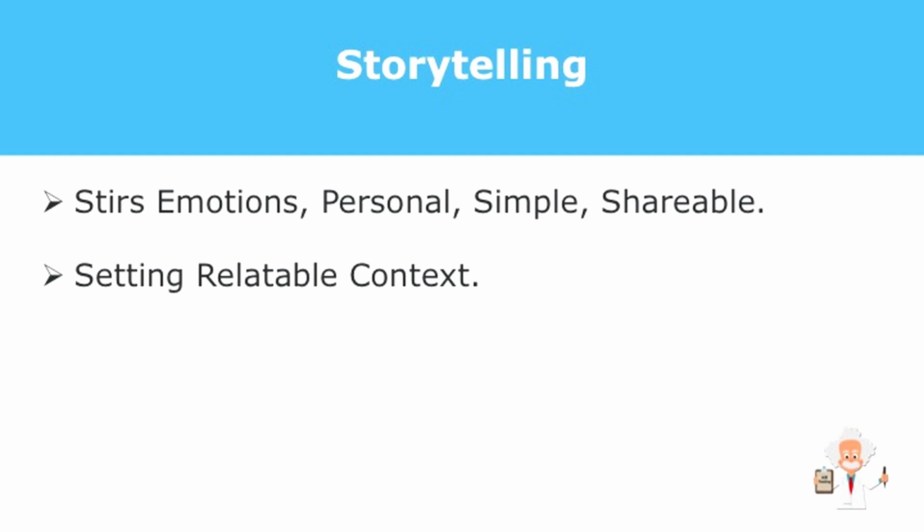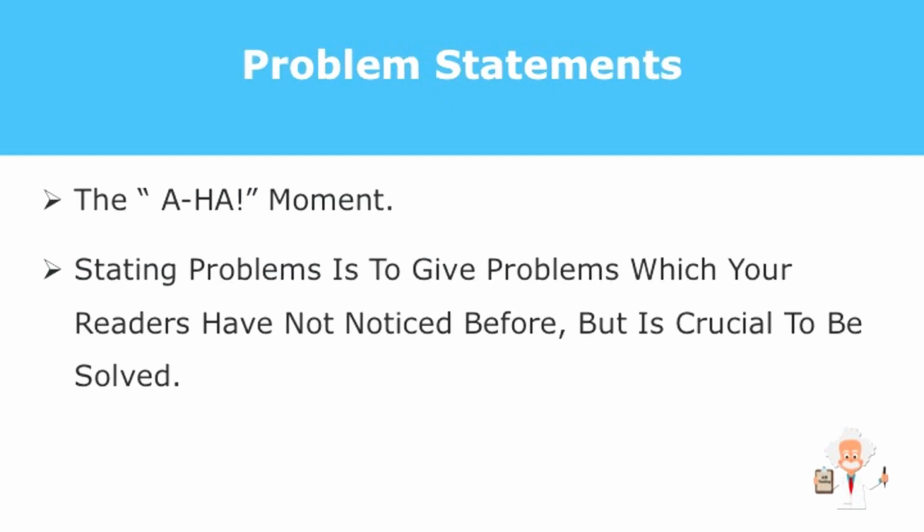It invokes a sense of relation to their lists, as it's a very relatable context for your product. Putting a story into your marketing emails can really help with the conversions. Companies like Jack Daniels, Uber, and American Express are using stories. So why aren't you? Problem statements. The main goal of marketing a product is solving a problem. The most effective style of stating problems is to give problems which your readers have noticed before, but need to be solved.